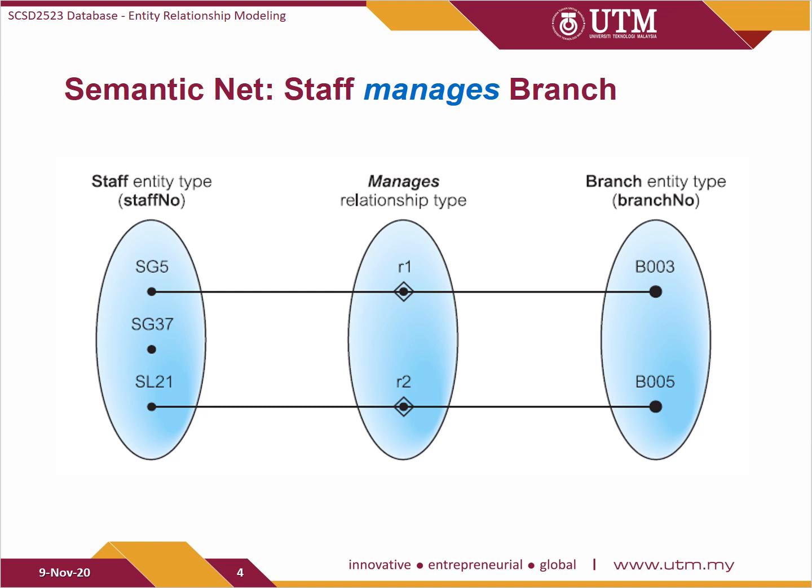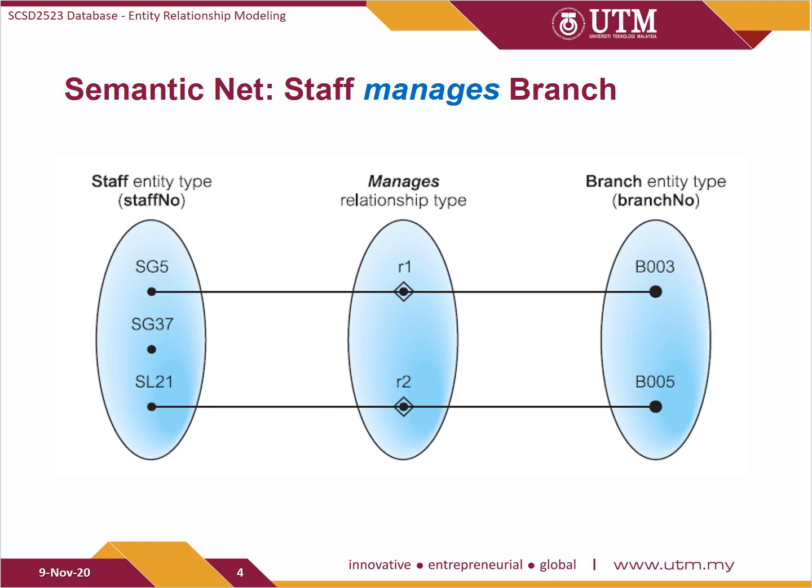Okay, now we refer to the one-to-one relationship in this slide. Consider the relationship Manages in this slide, which relates the Staff and Branch entity types. As we know, each relationship represents the association between a single Staff entity occurrence and a single Branch entity occurrence.